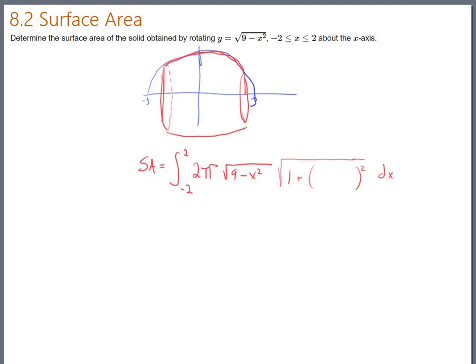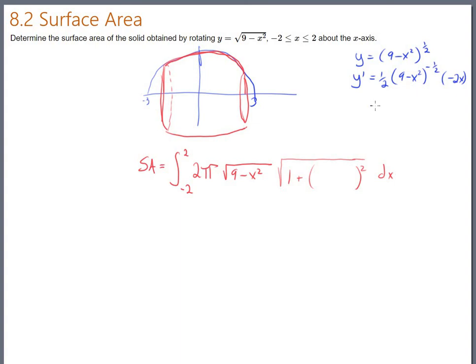So let's figure out, if the original function is 9 minus x squared to the 1/2, then the derivative of the function, y prime or f prime, that needs to go in here, is, in chain rule, 1/2 times 9 minus x squared to the negative 1/2 times the derivative of what's inside, the negative 2x.